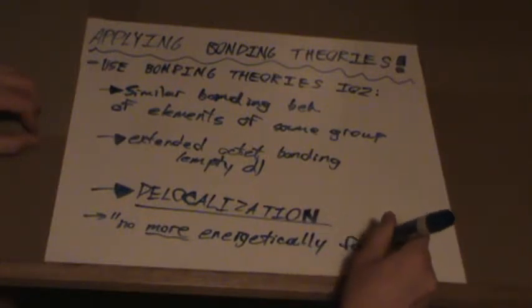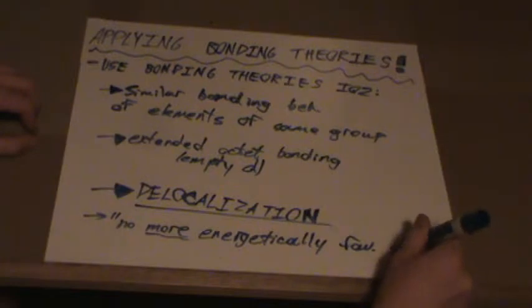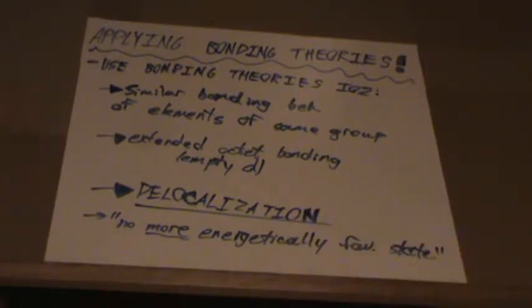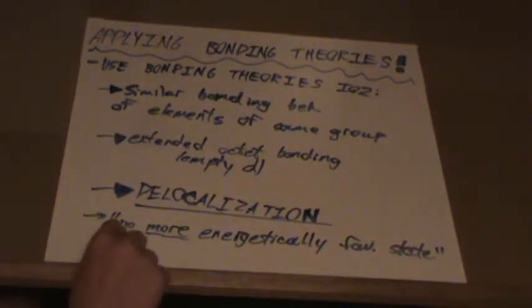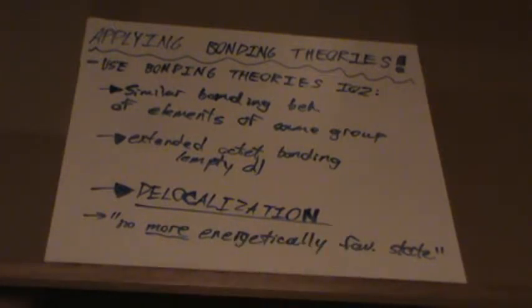But as we will discover in this video, we know science is all about discovery, that there is more to it than this simple explanation. There is a larger explanation that has to do with hybridization and the idea of pi and sigma bonds.